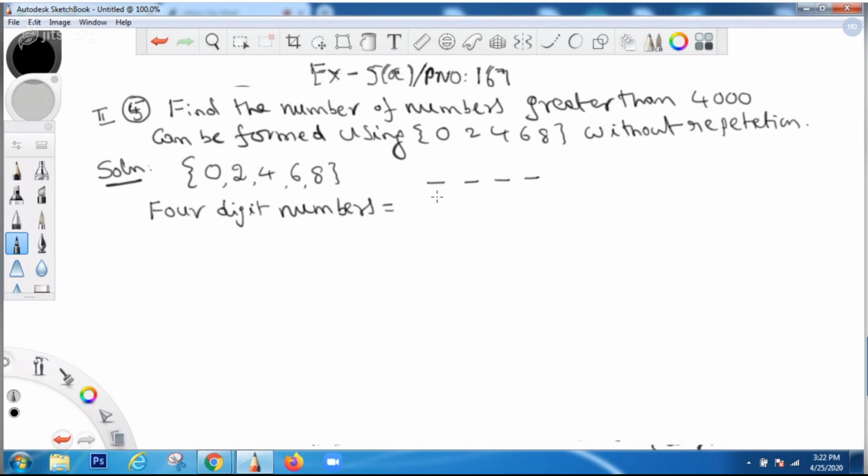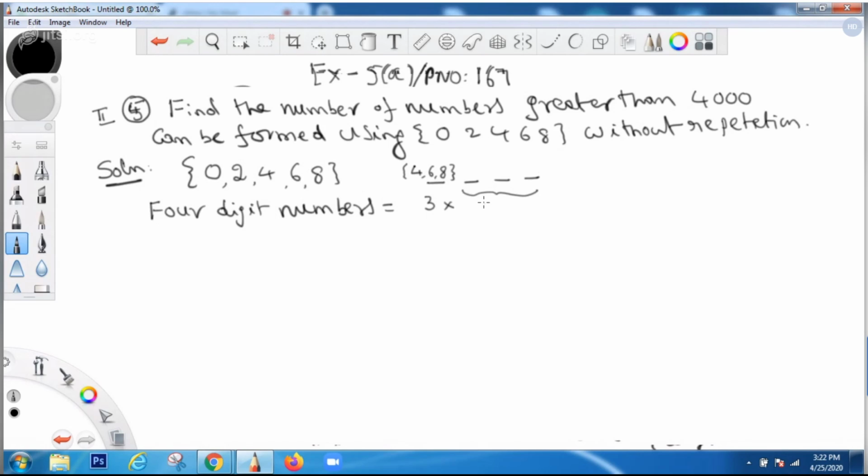So this place can be filled with 4 or 6 or 8, isn't it? So this place can be filled in 3 ways.